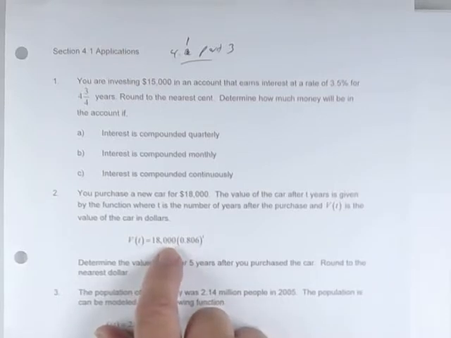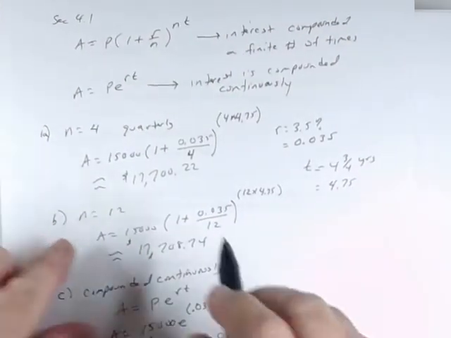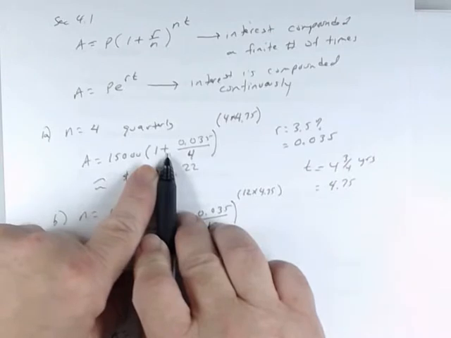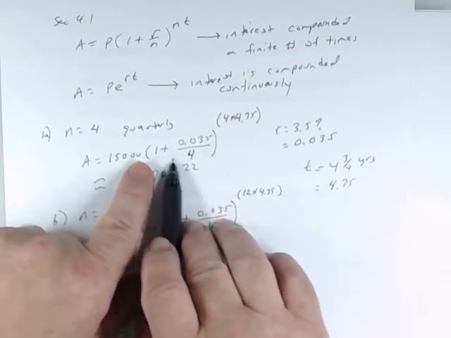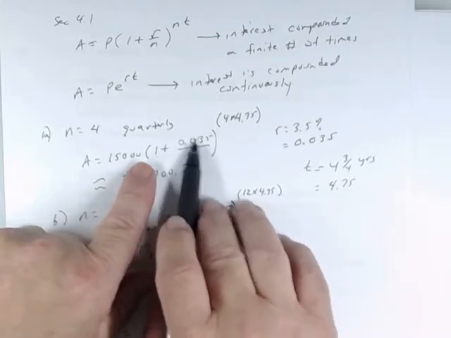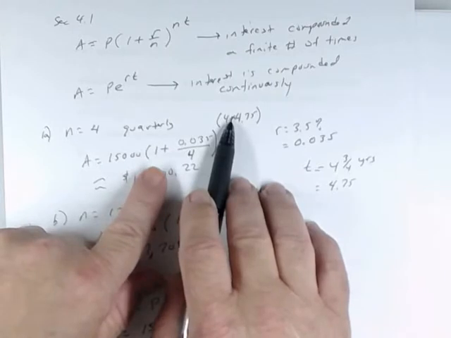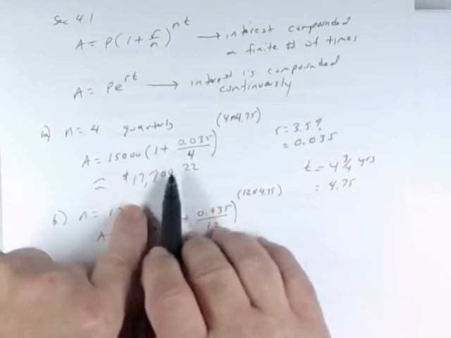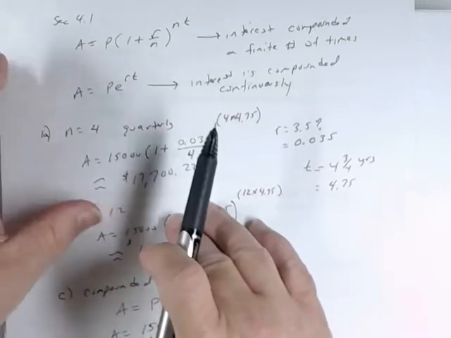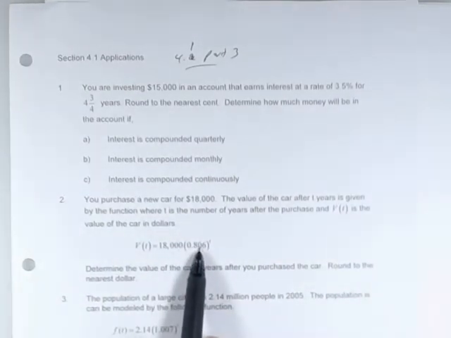Now I want you to notice something. When we did these right here, you see this was 1 plus, right? So if you figured out what this was as a decimal, this would be a number bigger than 1. So when I raise a number bigger than 1 to a power and multiply by 15,000, that's going to be bigger than 15,000. Over here, notice that this is a number that's what?